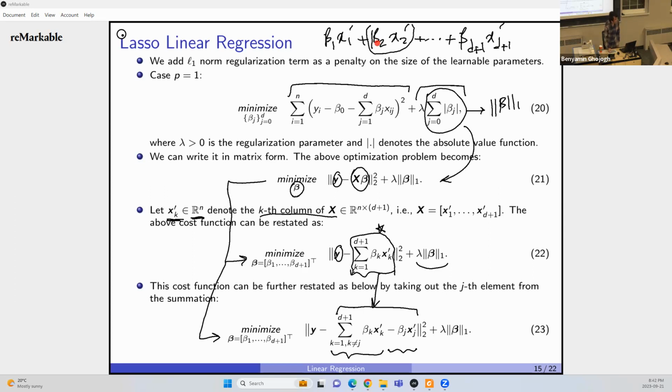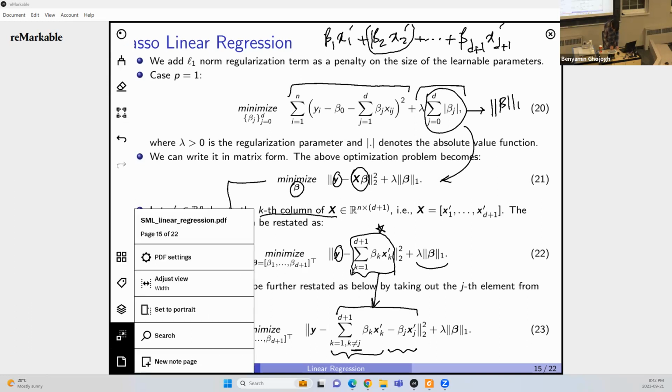Considering this beta 2 x2 prime, bring it out. So I'm saying sum everything except that one, plus that one. Here I'm doing this: sum everything except k equals j, and bring that out of the summation. Let me say it more clearly for you.